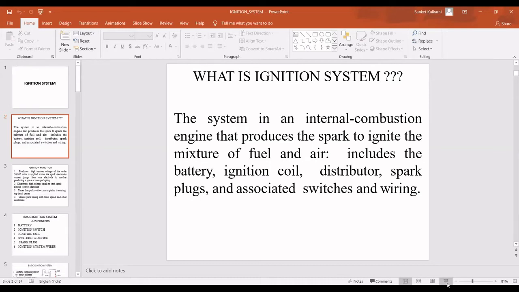This is possible by having ignition of the charge at the shortest possible time after production of the spark by the spark plug. This is the better quality of a spark ignition system. I hope you understand this.